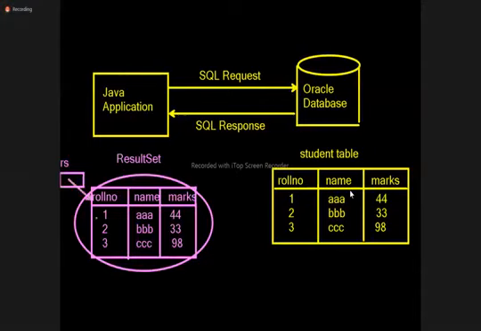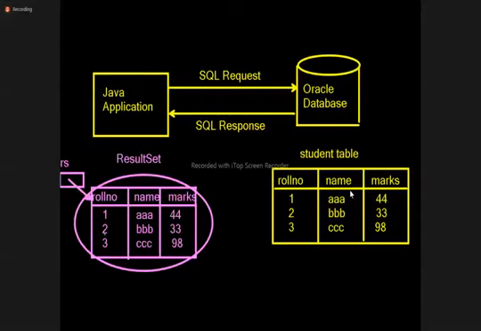Now I want to update the 33 marks and make it 40 with Java methods. First of all, we have to move the cursor to the second record. The cursor is before the first record now. How to move it? rs dot absolute 2.